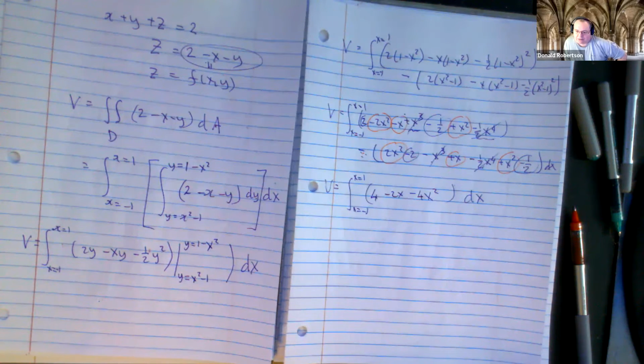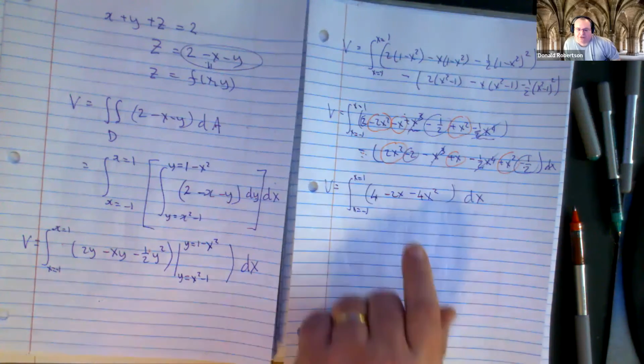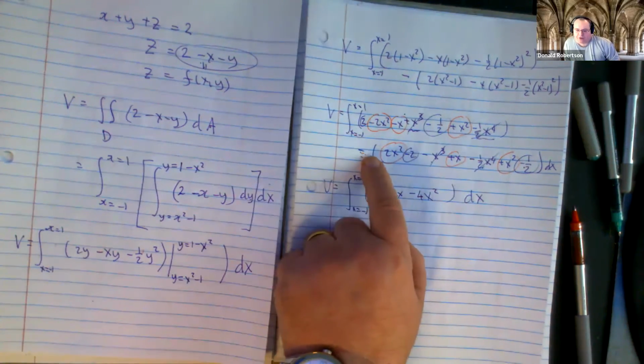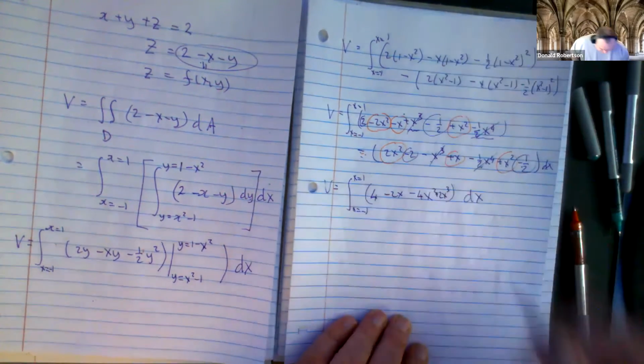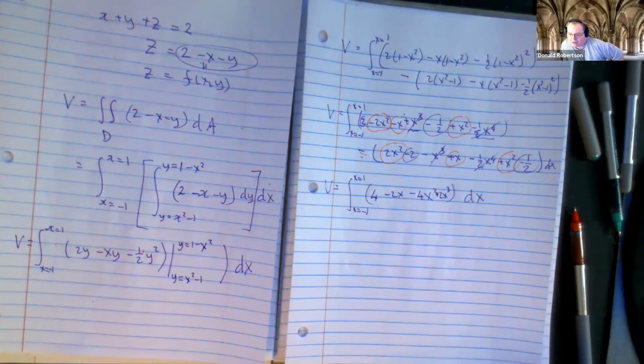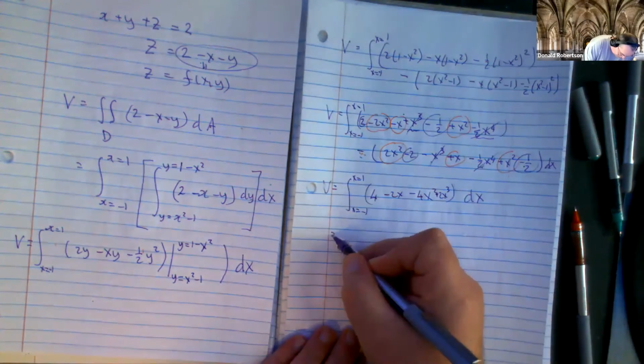Isn't there a 2x cubed? I should have a 2x cubed. Okay, let's check it. x cubed, take away an x cubed. You are correct. Anything else, or are we good? Okay, we'll continue.